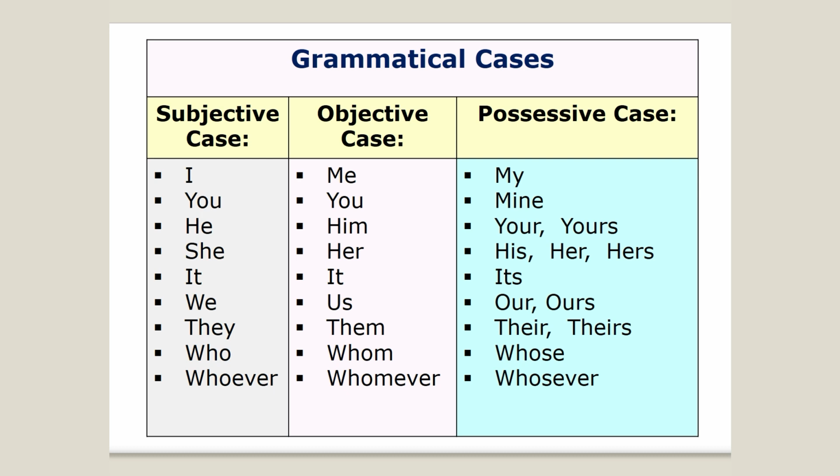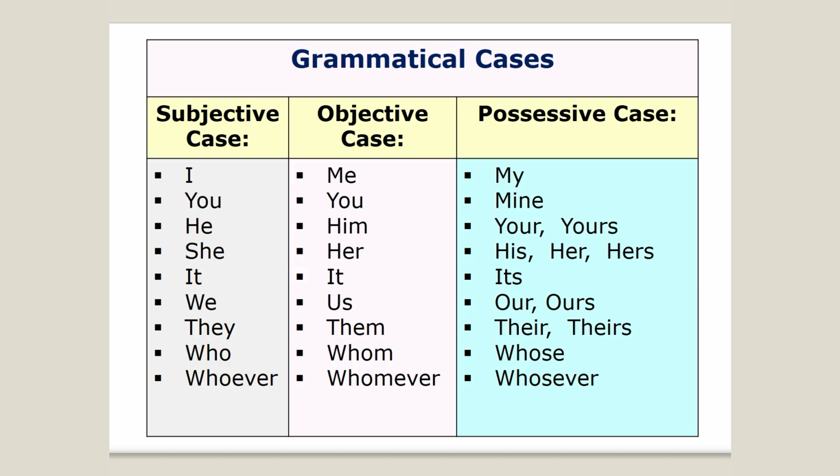And the next one is the possessive case, which deals with possession, meaning to whom a thing belongs: my, mine, your, yours, his, her, hers, its, our, ours, their, theirs, whose, whosever. These types of words are called the possessive case. So these are the three types of grammatical cases that we must know.